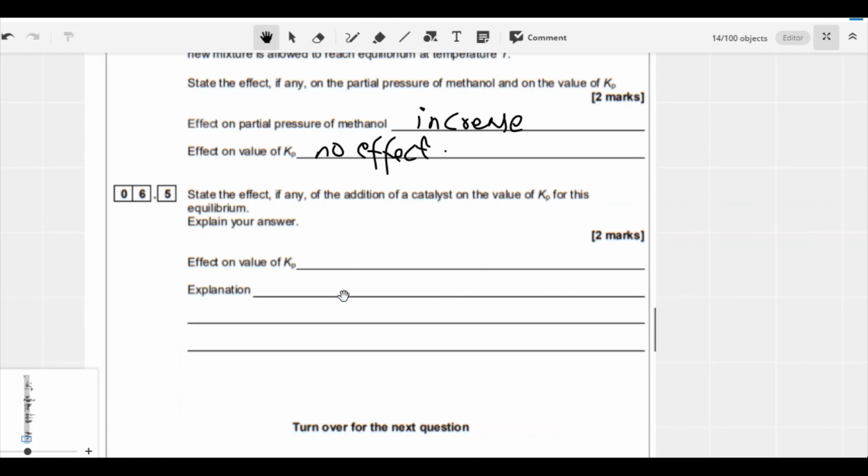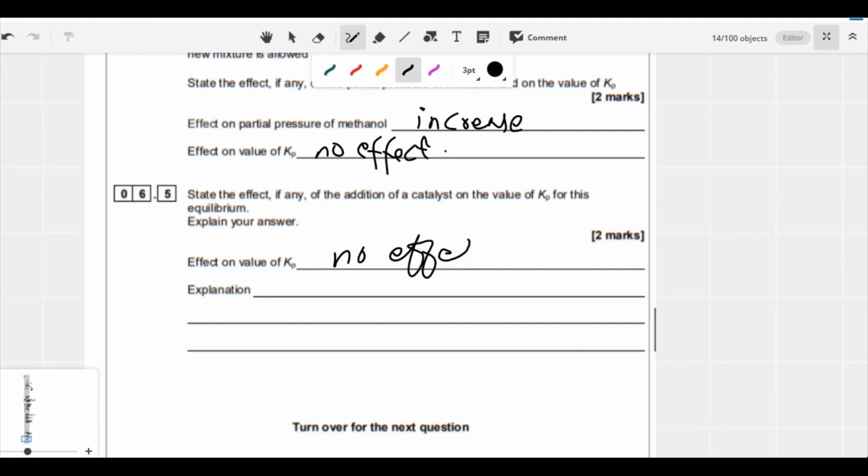In the explanation, you can write that a catalyst does not affect the position of equilibrium, because it increases the rate of forward and backward reactions equally, so Kp is constant.